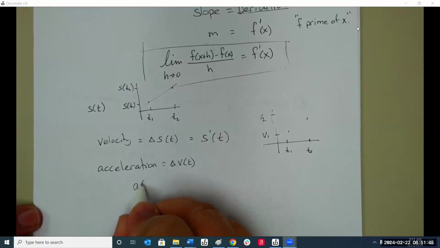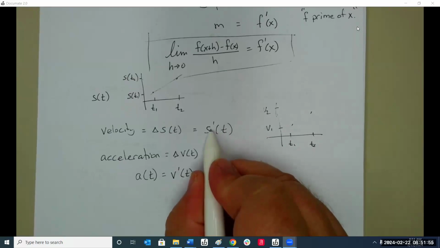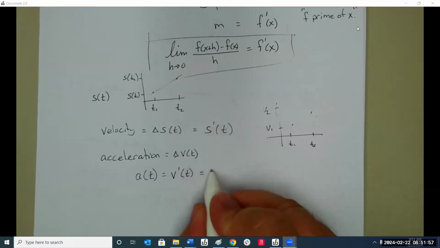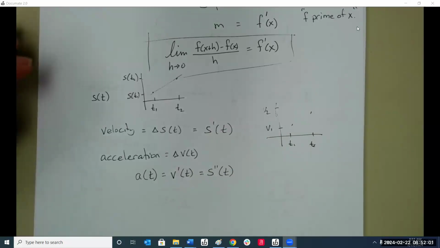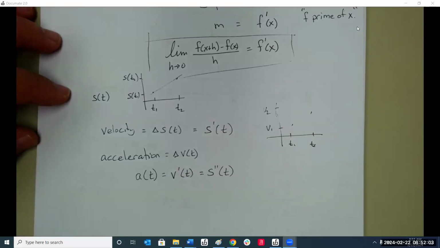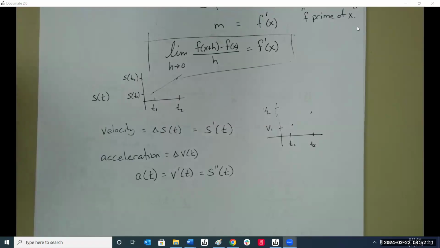So the acceleration of a particle means it's the first derivative of the velocity, or we could look at that, it's the derivative of the derivative, which is the second derivative of the position function. So you can have rates of change, slopes of slopes. So that's what we're looking at here.